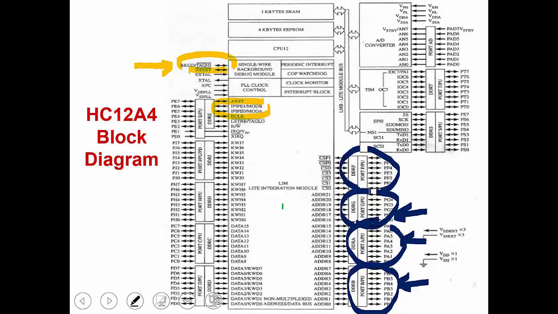Port T is right here, used for communication for the timer system module. Here we have PT0, PT1, up to PT7. So PT0 is the first pin of port T, which is used for communication for the timer system module.